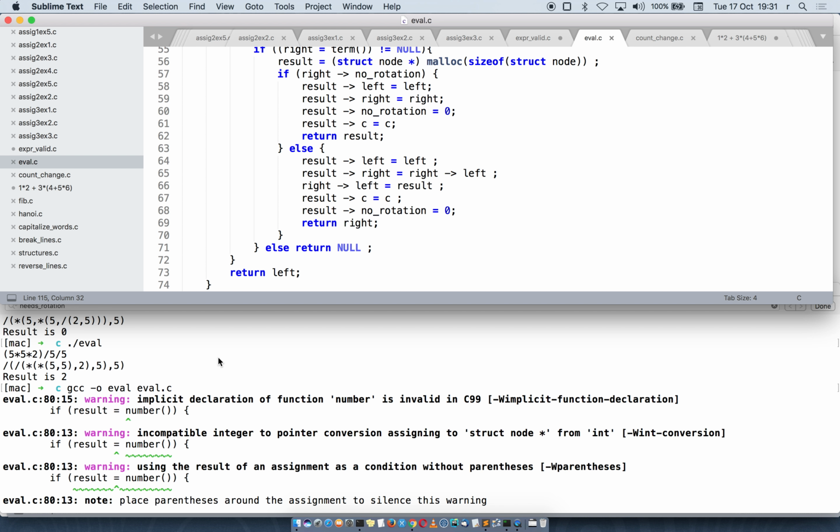Oh, because this value is declared inside here. So let's declare it outside. And the value. Confirming reach end of non-void function 110. Oh, return result. We forgot.